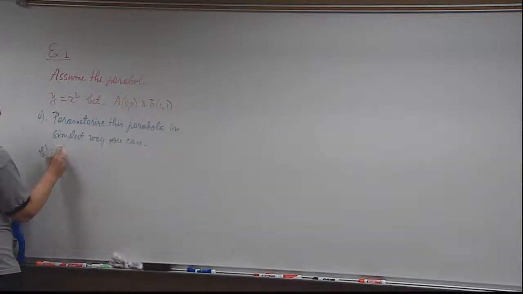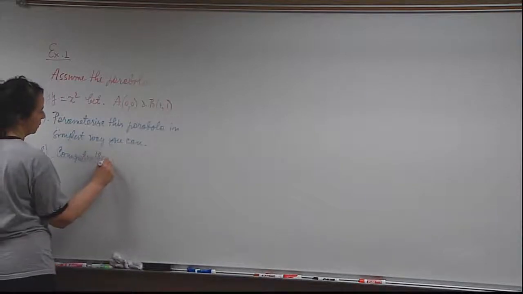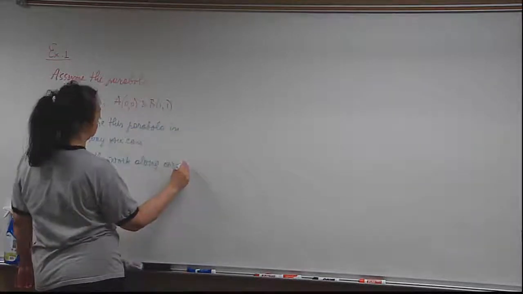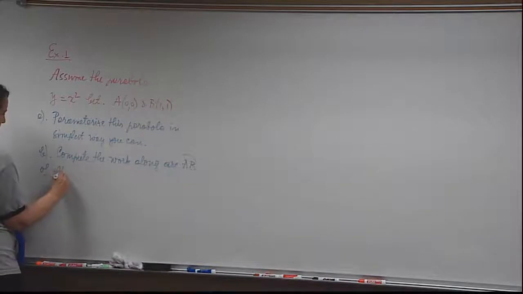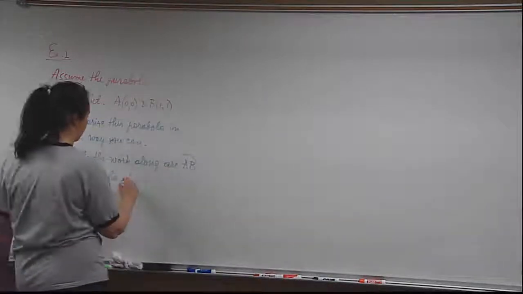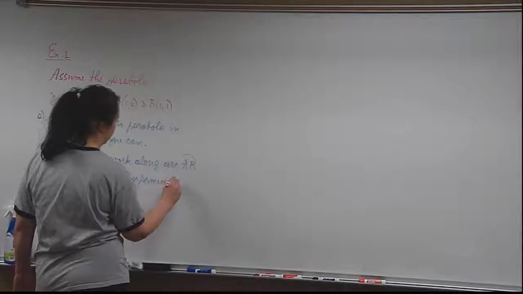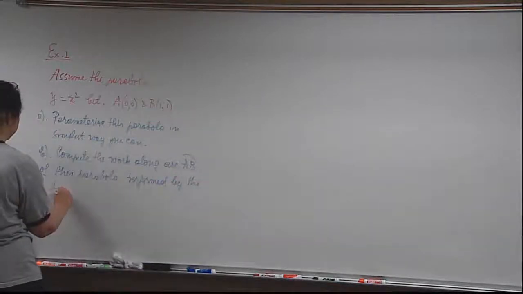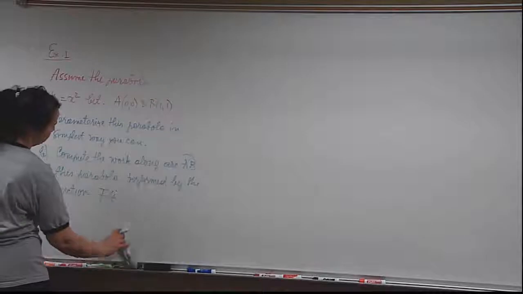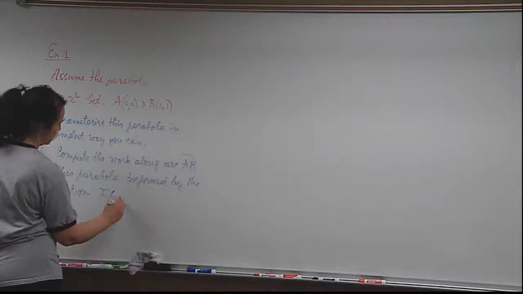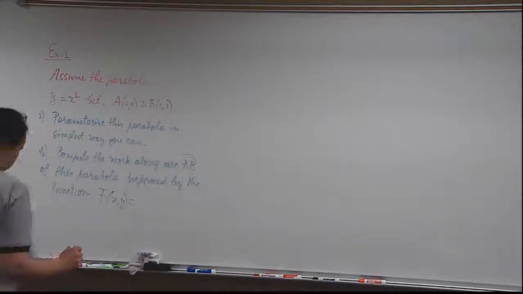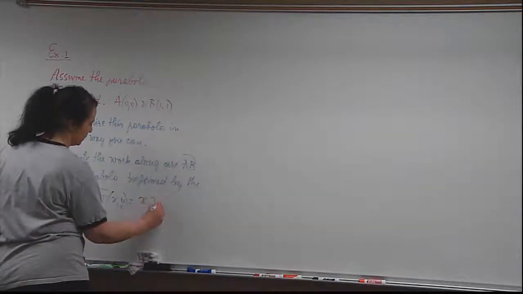And B, compute the work along this arc AB of the parabola, performed by the function big F of the point x, y, since you haven't parameterized that yet, big F of x, y being x i plus y j.